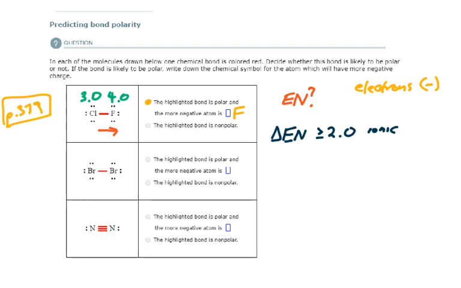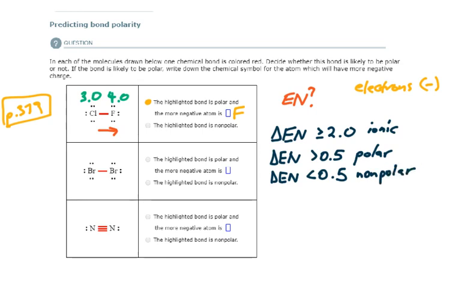In an ionic bond, the electrons are completely lost or gained, ionized. If the difference in electronegativity is less than 2, but at least greater than 0.5, then we have some type of polar bond. And if the difference in electronegativity is less than 0.05, generally consider that a nonpolar bond.